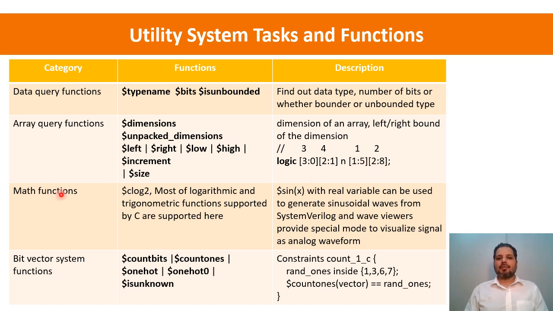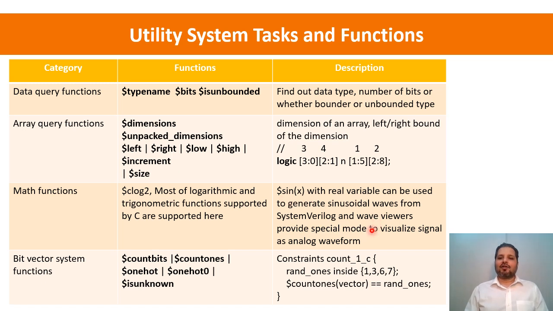Then you have a bunch of math functions. Even the trigonometric functions are included. Whatever math functions are supported by C are also supported by SystemVerilog. So if somebody asks you to generate a sinusoidal wave using SystemVerilog, you can still do it.